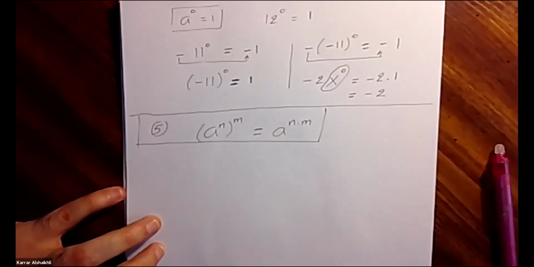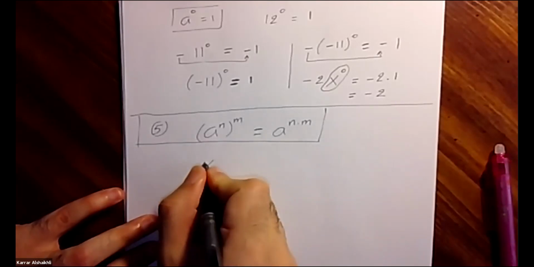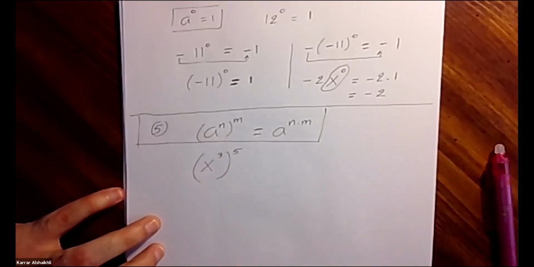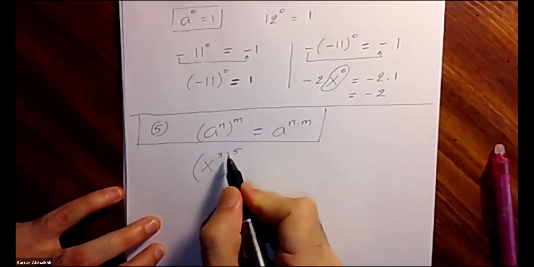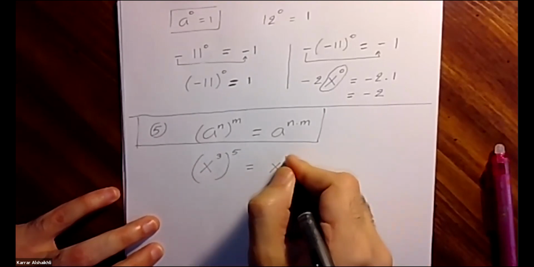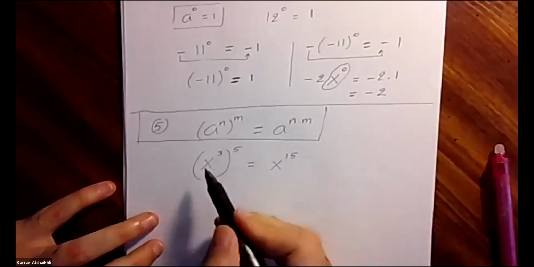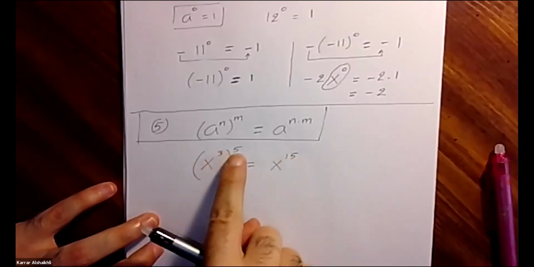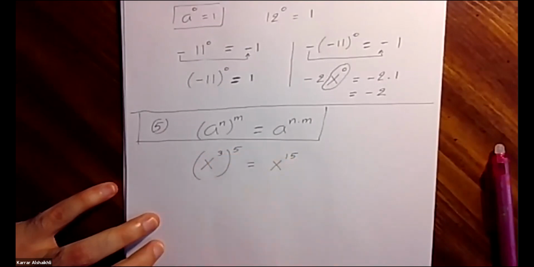Example for that: if we have x cubed to the power 5, we're going to multiply these. 3 times 5 is going to be 15. So it's going to be x to the power 15. You see, we're not going to add because we have one number, two exponents. So we multiply 3 times 5, which is 15.